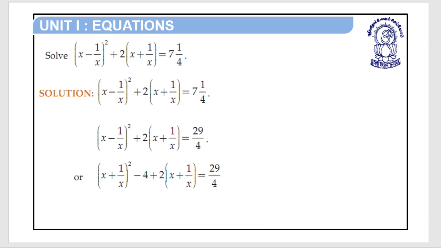Solve (x minus 1 upon x) whole square plus 2(x plus 1 upon x) is equal to 7 1 by 4. So 7 fours are 28 plus 1, 29 by 4.